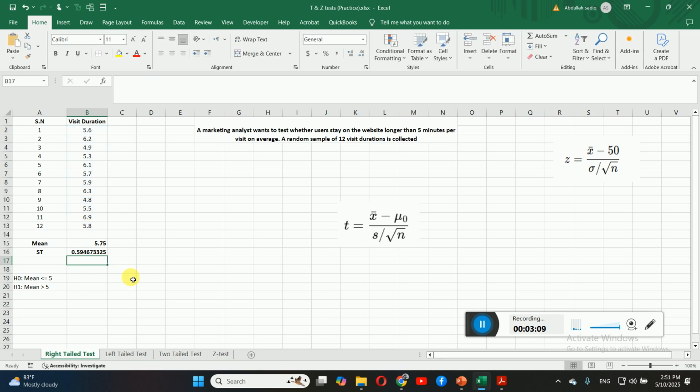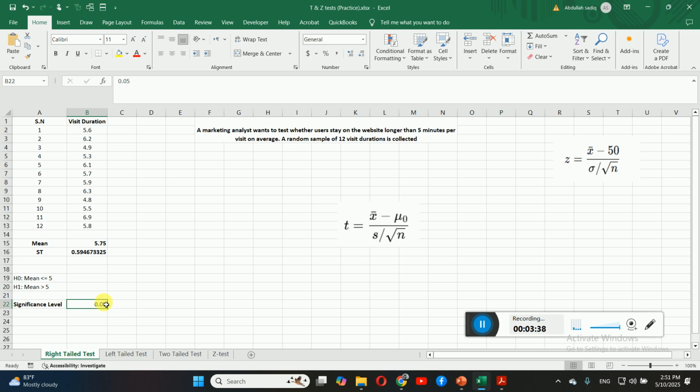Now, dear students, once the mean and standard deviation are given, for the T statistic you must know the degree of freedom, if you're using the T table, the student T distribution table. Before the degree of freedom, we must know the significance level. The significance level in our question is 0.05. What does this mean?